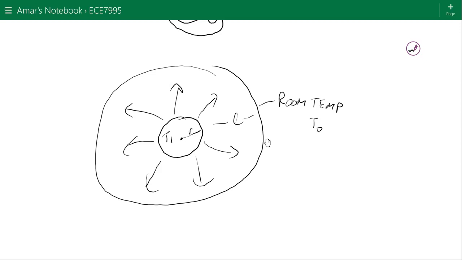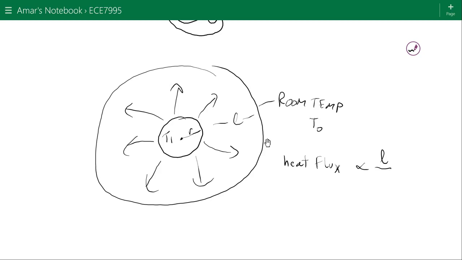So if we scale down the entire system here, let me first say that the heat flux is proportional to the length divided by the surface area.